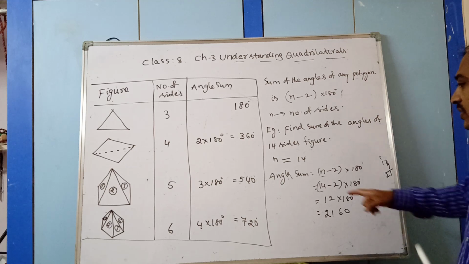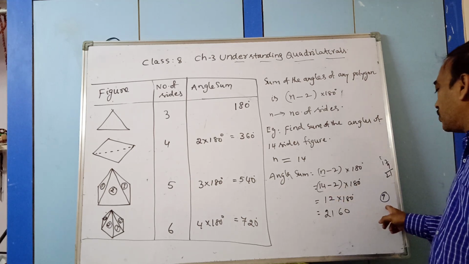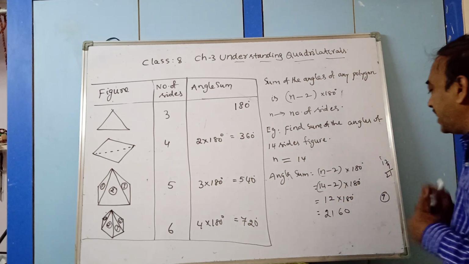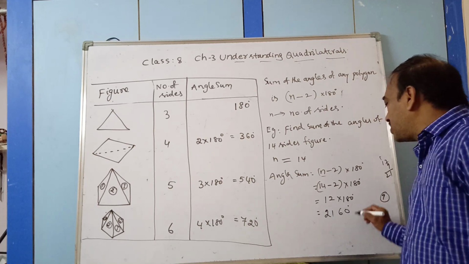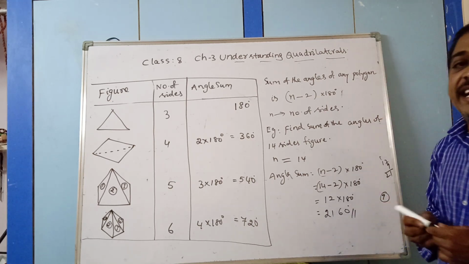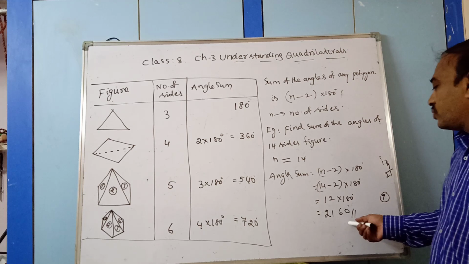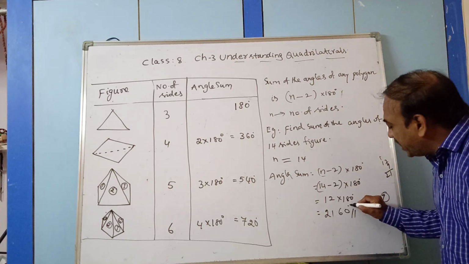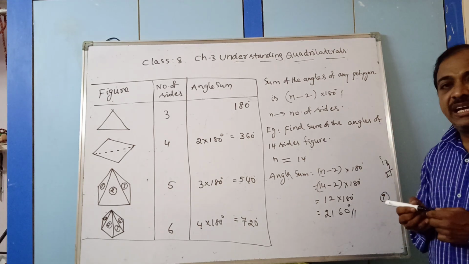How many sides did we take? 14 sides. So 2160 degrees. Therefore, the sum of the angles of a 14-sided polygon is 2160 degrees. Is it clear?